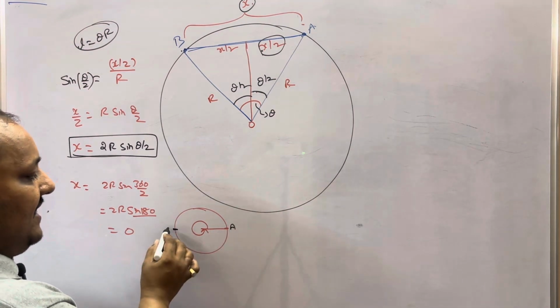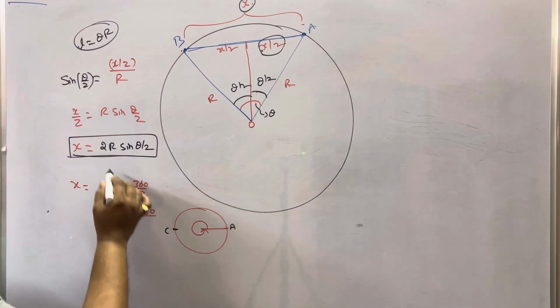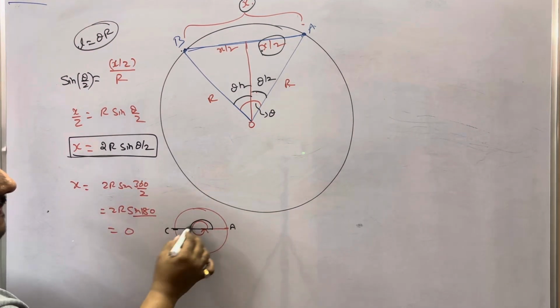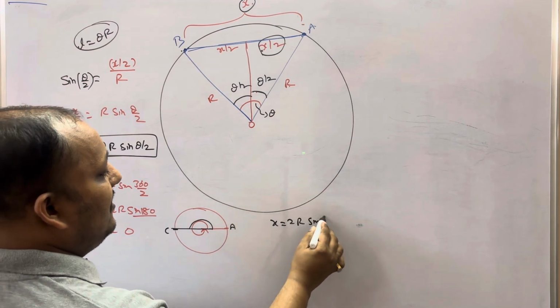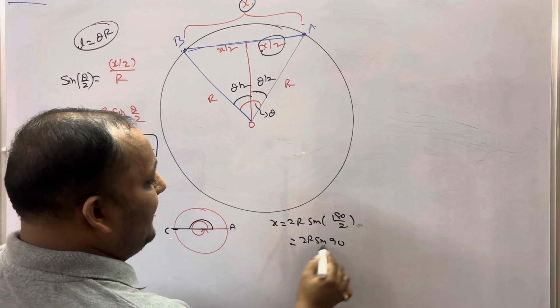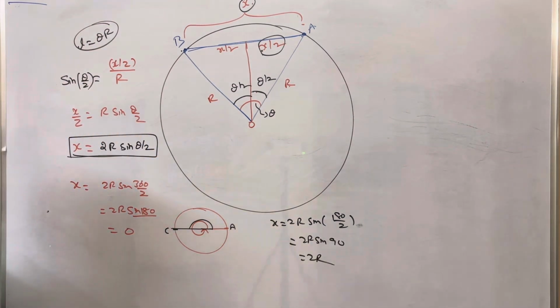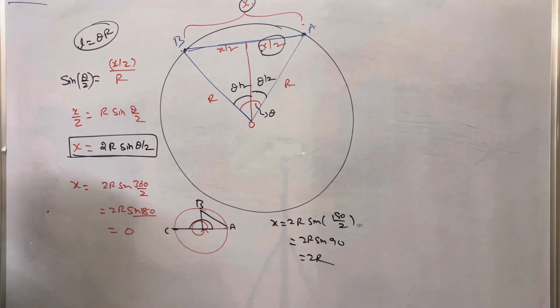So in the previous one, A to C, we said 2r. Now substitute here. A to C, what is the angle? 180 degrees. Substitute here: x is equal to 2r sine 180 by 2, so 2r sine 90. That is going to be 2r. Next, A to B, we got root 2 r. So A to B, what is the angle we said? 90 degrees.